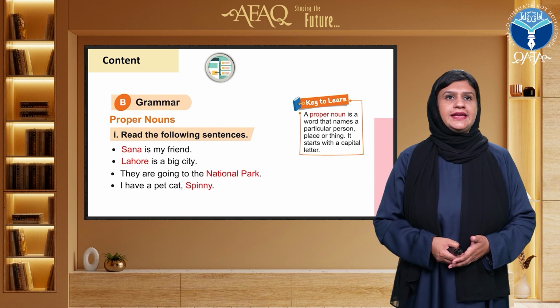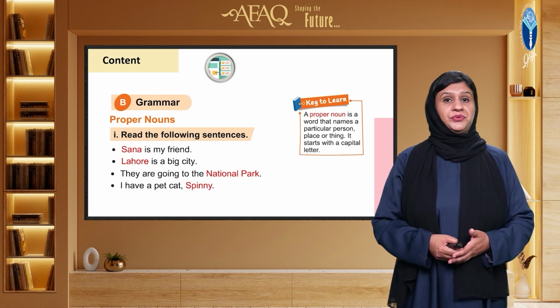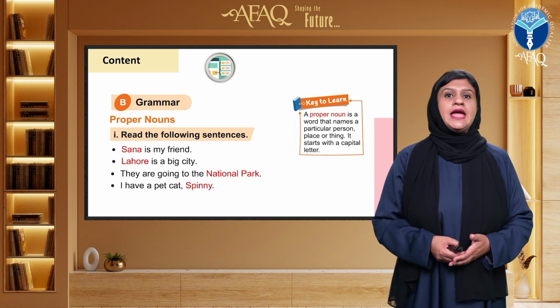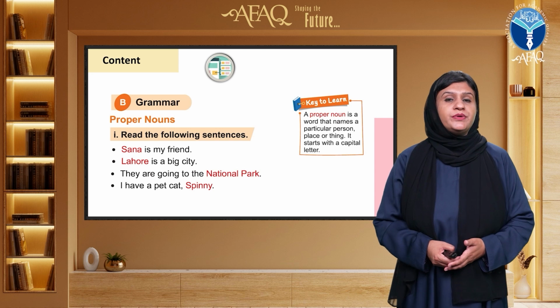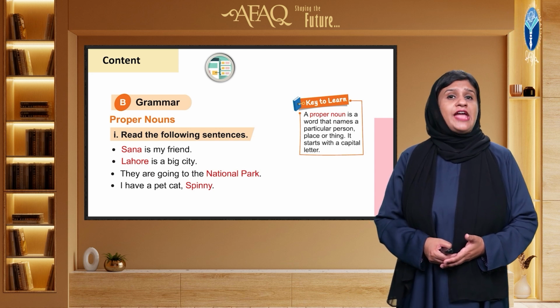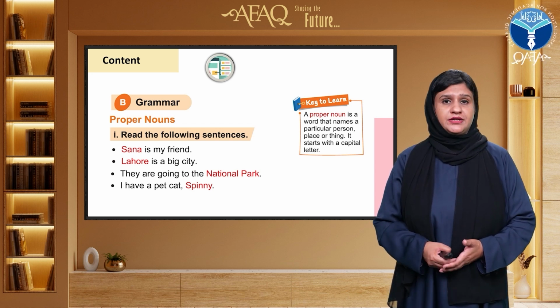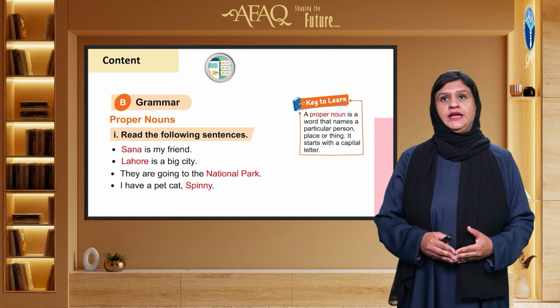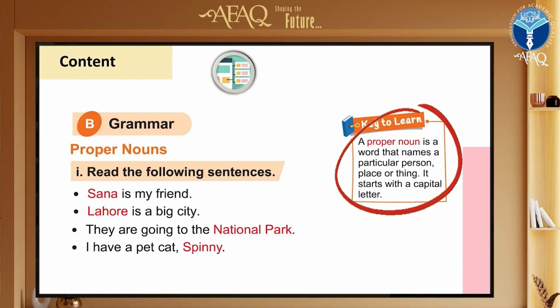So the next thing is grammar, and in grammar we are going to look at an important thing known as proper nouns. We have done that before, but we are going to name them today. A proper noun is a word that names a particular person, place or thing. It starts with a capital letter.